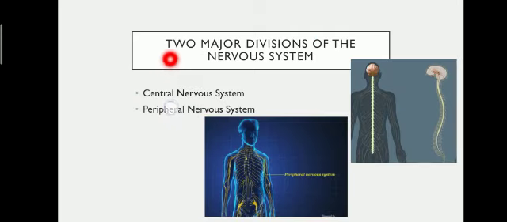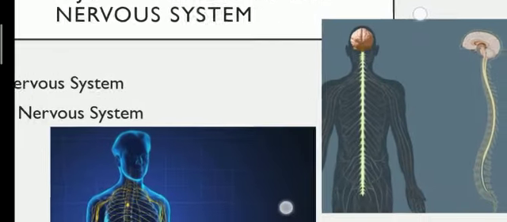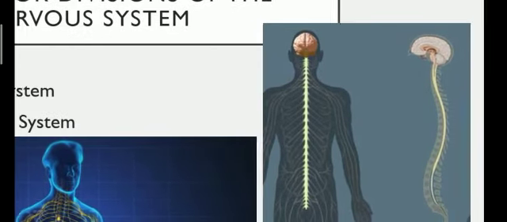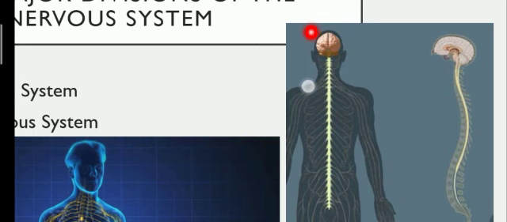Now let's study about two major divisions of nervous system. First is central nervous system and the second one is peripheral nervous system. From the word central nervous system, we can easily understand that the parts of the nervous system which are present right at the center, the brain and the spinal cord, form the central nervous system.